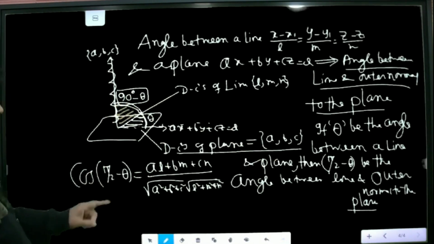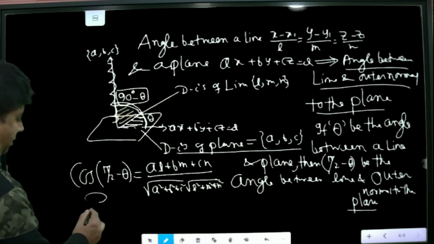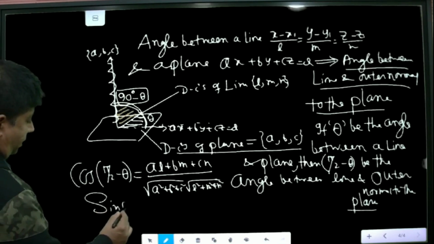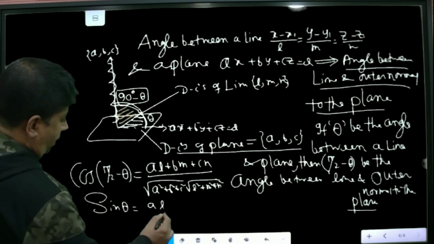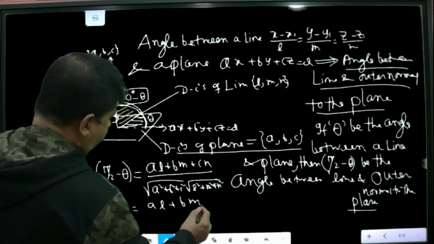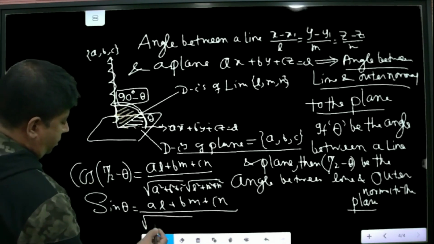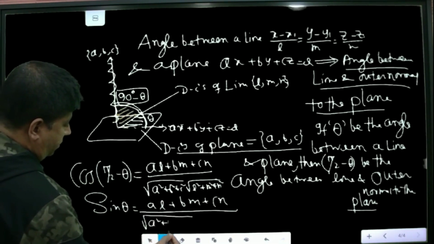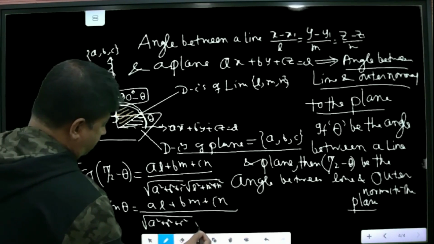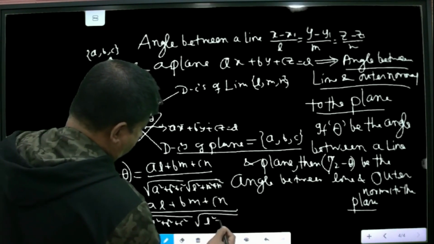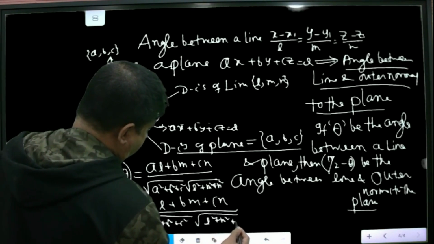Now cos pi by 2 minus theta is what? Sin theta. So sin theta equals AL plus BM plus CN by root of the same.